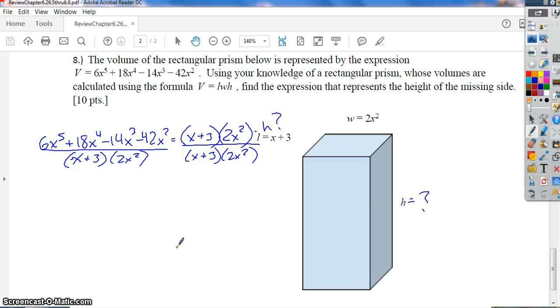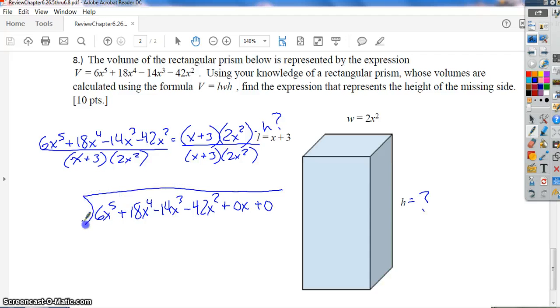If I wanted to do long division here, which is what I would actually prefer, I have 6x to the 5th, 18x to the 4th, minus 14x to the 3rd, minus 42x squared, plus 0x plus 0, divided by 2x cubed plus 6x squared.